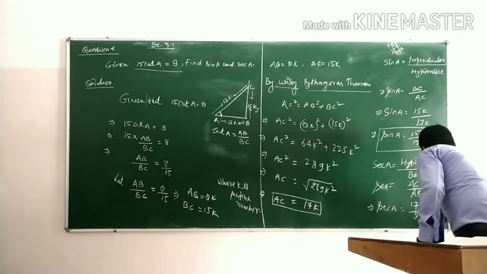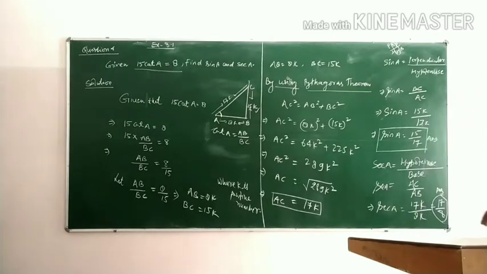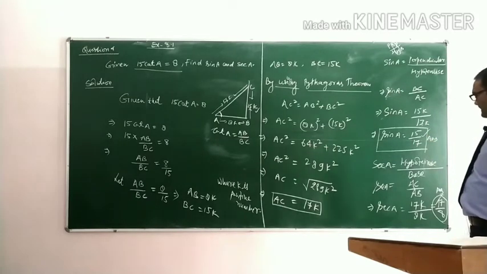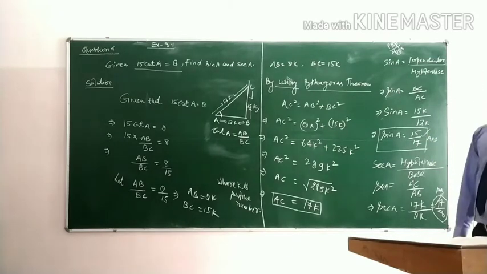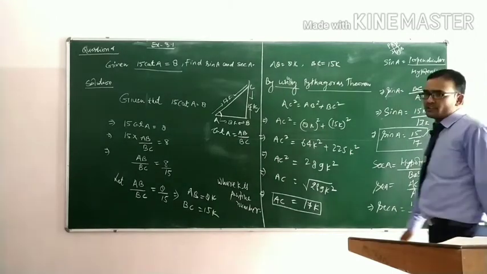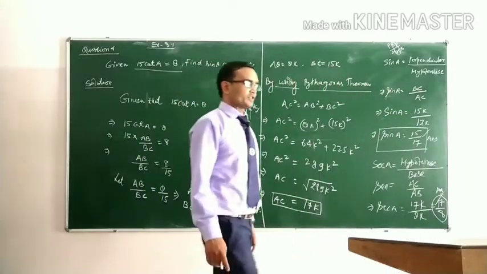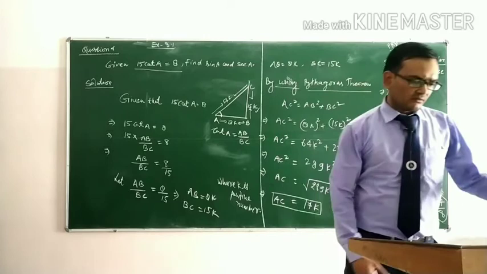Your answer: sin A is 15/17, and the next answer is sec A equal to 17/8. Now we discuss the next question, question number 7.